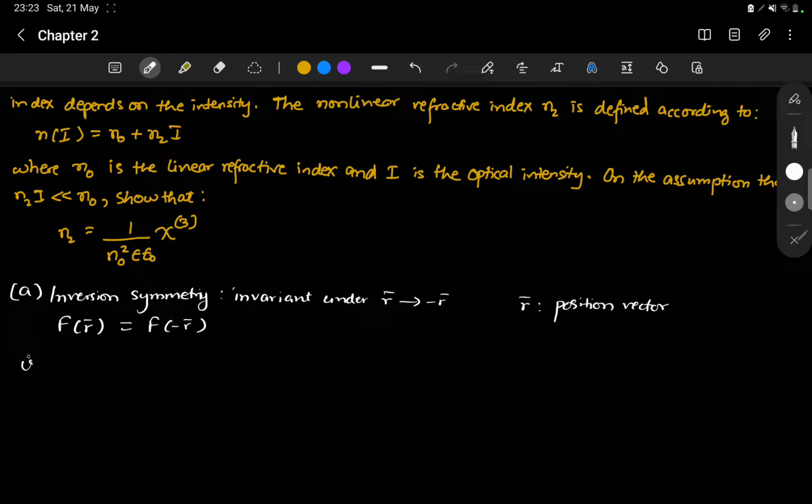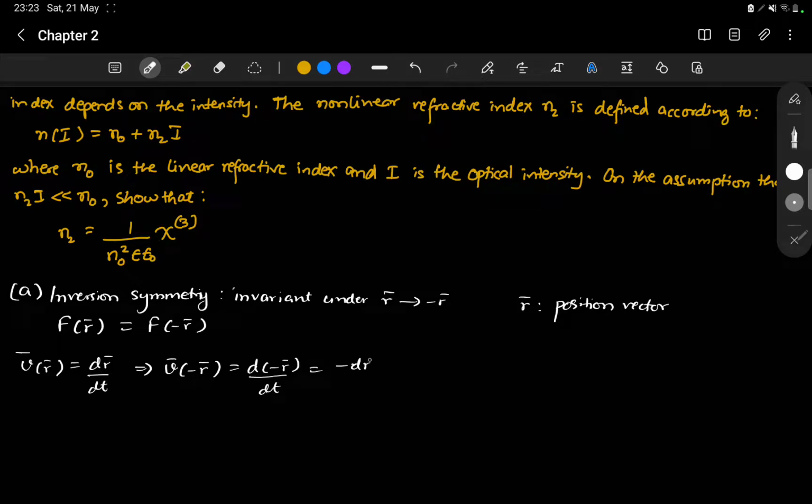First let us start with the velocity vector. Velocity vector is given as the rate of change of the position vector. Now if we look at the inversion version, at minus r, this is going to be the derivative of minus r with respect to t.